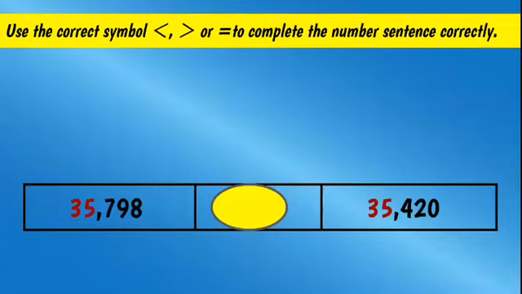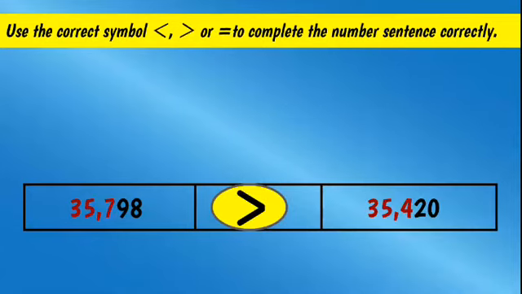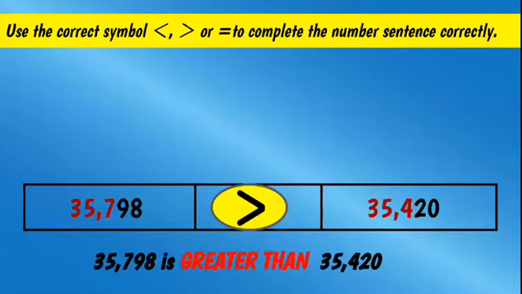So let's move on to the hundreds digits. We have 700 in the first and 400 in the second. So here we have the difference. 700 is more. So we can now say that 35,798 is greater than 35,420. Now the open end faces our larger number.